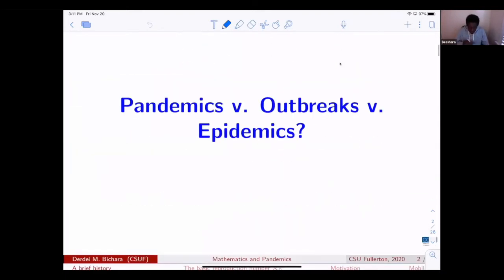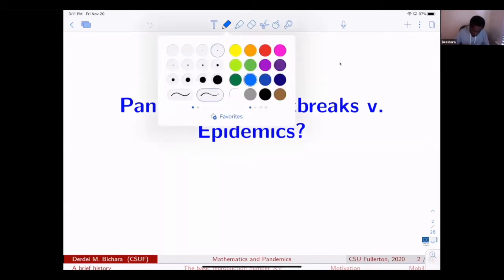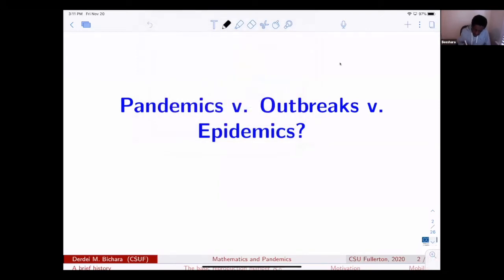These days we've heard a lot of buzzwords: pandemics, outbreaks, epidemics. What's really the difference between an outbreak, an epidemic, and a pandemic? An outbreak is a small disease that will pop up in one small community and disappear after some time.